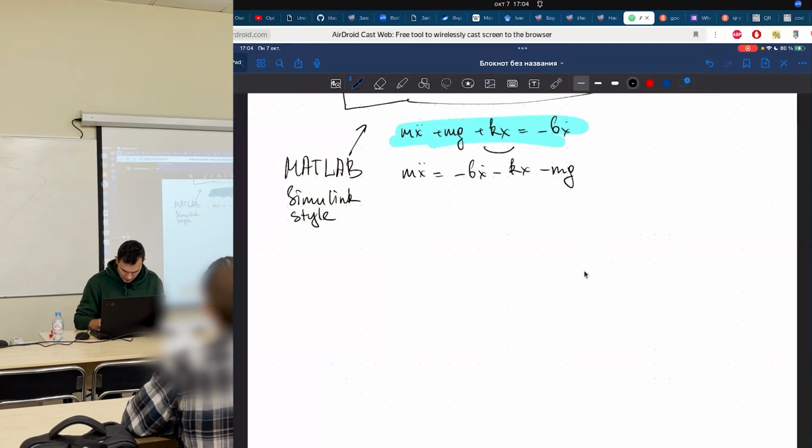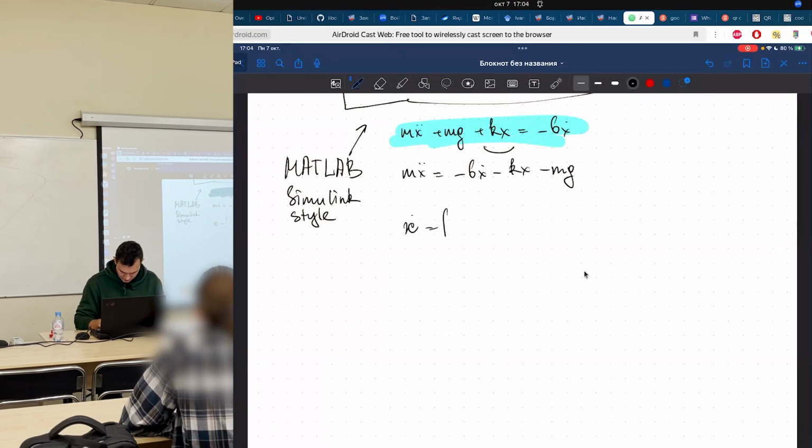Instead of solving an equation that looks like this, that one means continuous time.